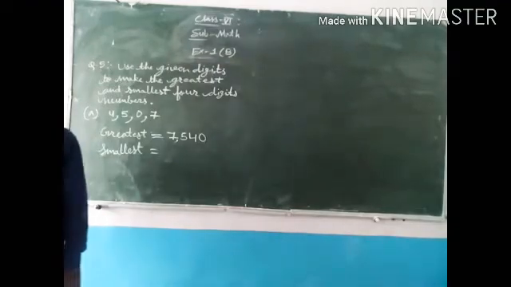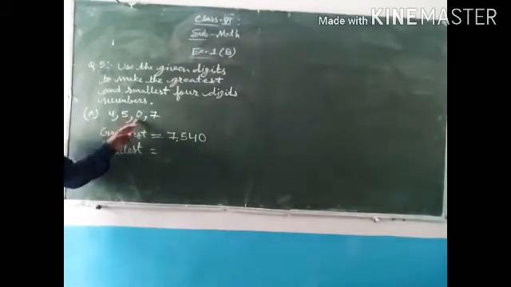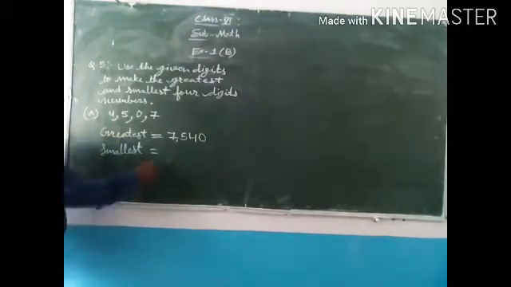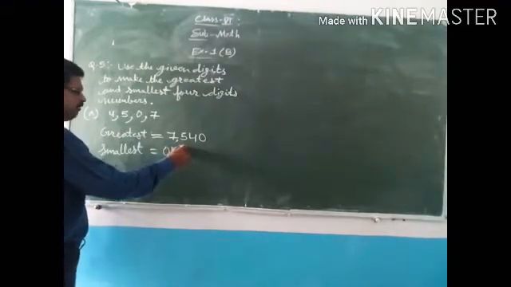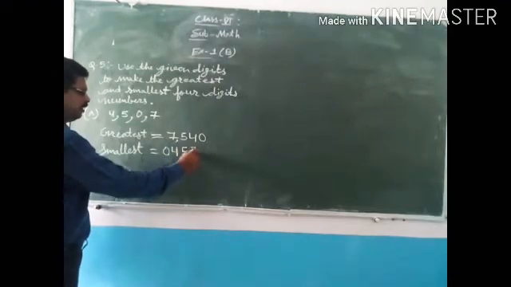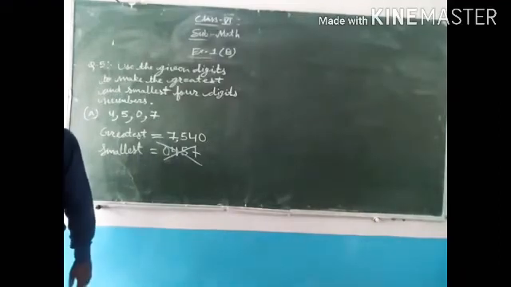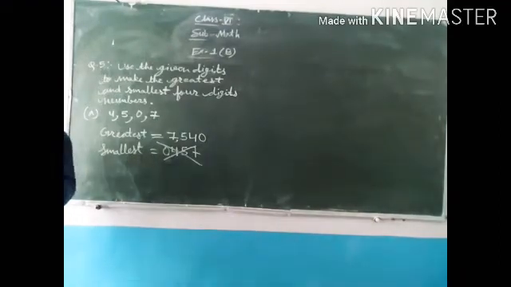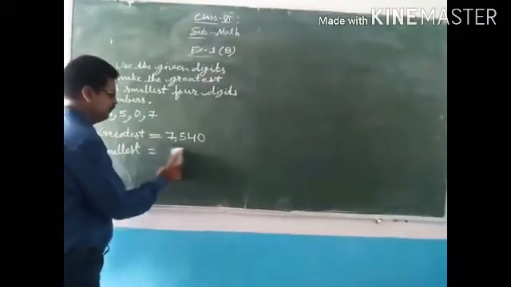But remember one thing: you cannot say, sir, 0 is the smallest digit, so we will write 0 first, then bigger than 0, 4, then 5, then 7. This is completely wrong. Understand? 0 never comes at the start.